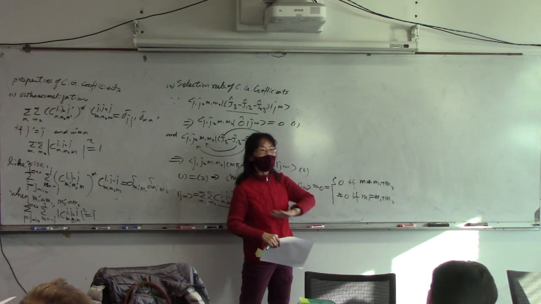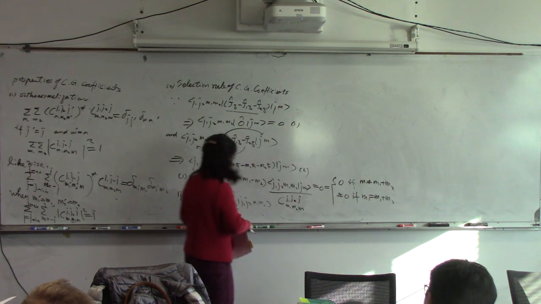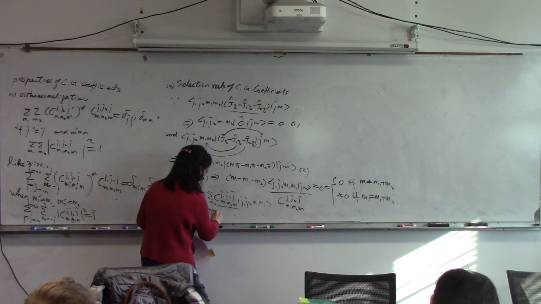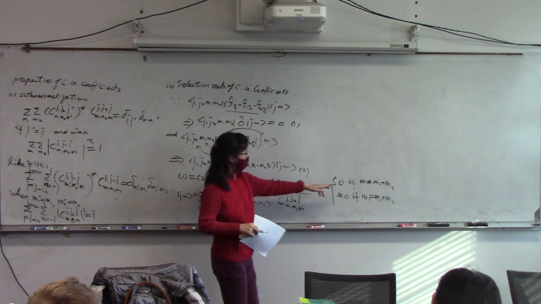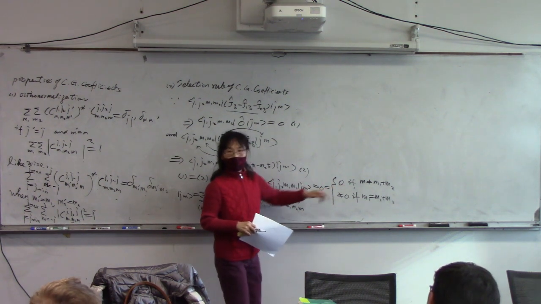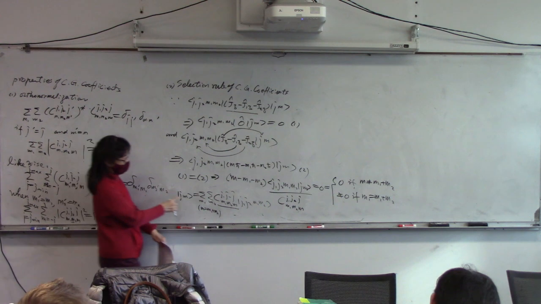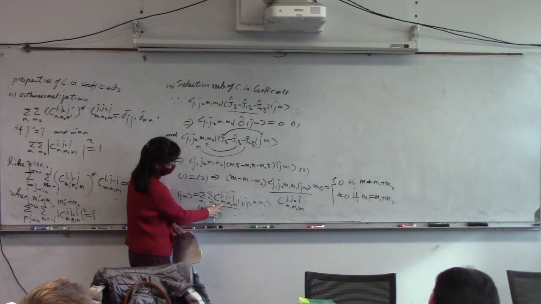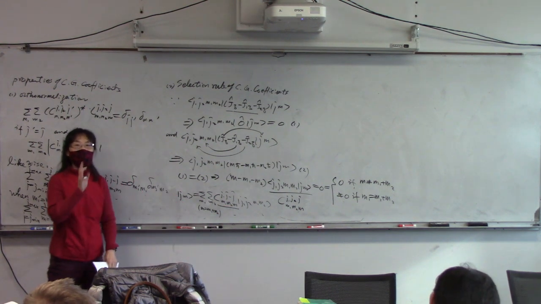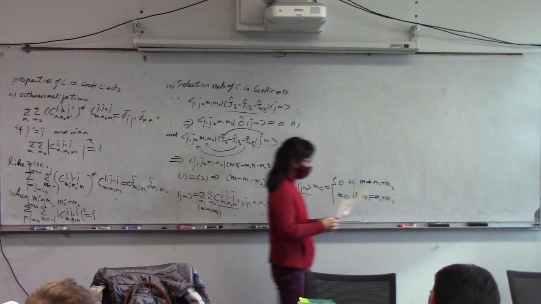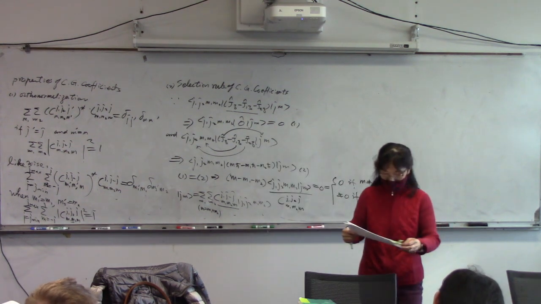Those other terms are 0, you don't need to consider them. As I mentioned here, if you follow this, you automatically ignore those parts. That makes sense? So your Clebsch-Gordan coefficient always satisfies M equal to M1 plus M2. If not, that coefficient should be 0. That is the selection property of this Clebsch-Gordan coefficient.